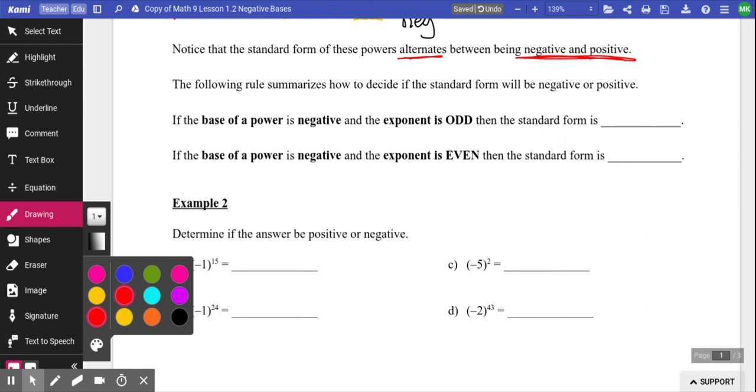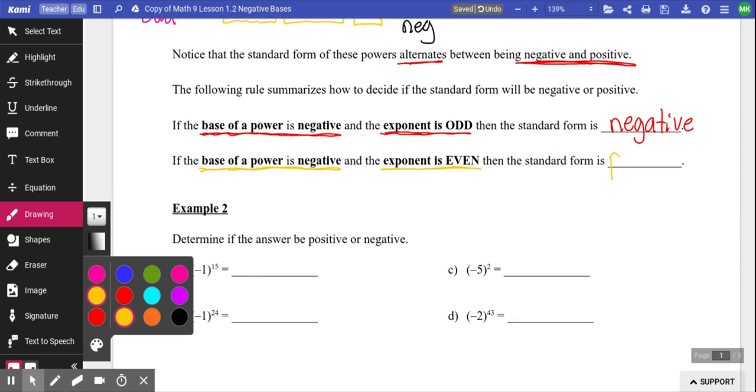If the base of the power is negative, that's important, so the base is negative, and the exponent is odd, the answer will be a negative answer. Standard form should turn negative. If the base of the power is negative and the exponent is even, then you should get a positive result.